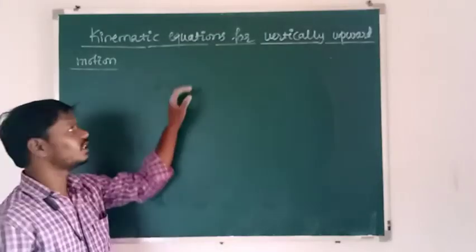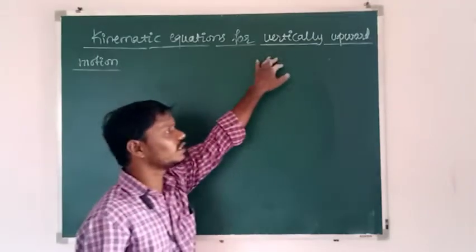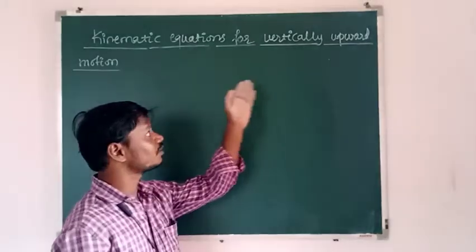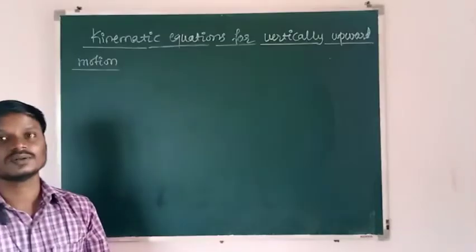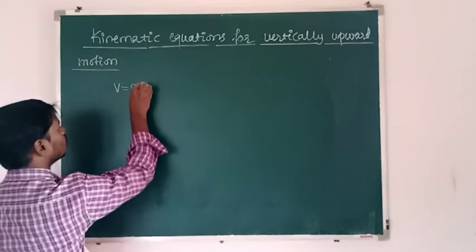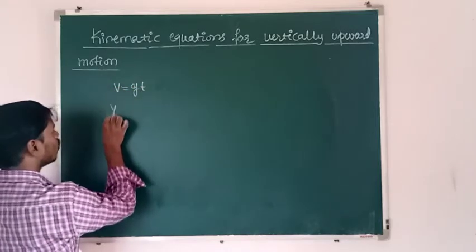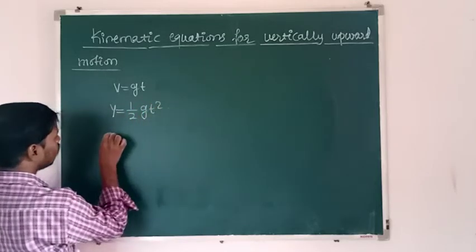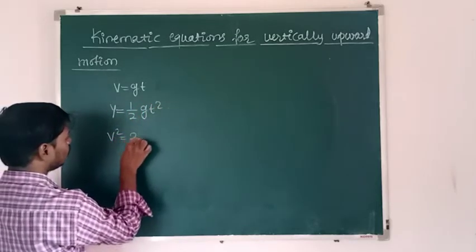Now, what are the kinematic equations used in the vertically downward motion? Already you know that. What are those? v is equal to g into t. Second one, y is equal to 1 by 2 g into t square. Third one, v square is equal to 2 into g into y.